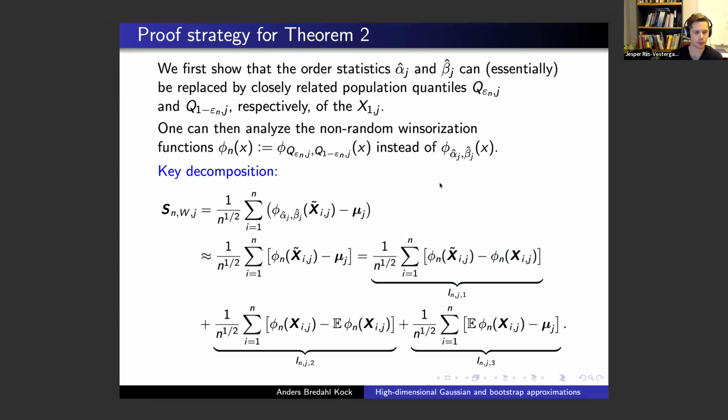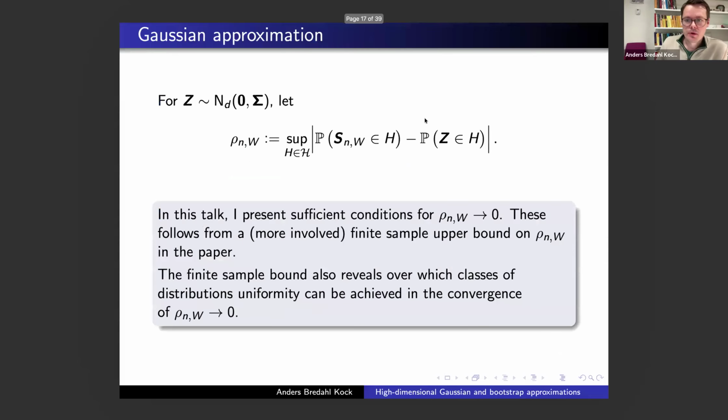Okay. So we've shown this Gaussian approximation, namely that the probability of my feasible statistic falling within a hyperrectangle is close to that of a normal distribution with a mean of 0 and a variance-covariance matrix of sigma. Of course, in practice, I don't know sigma, right? So the next thing I would do is to address that sigma is unknown. And this we do by, quote-unquote, classic techniques.